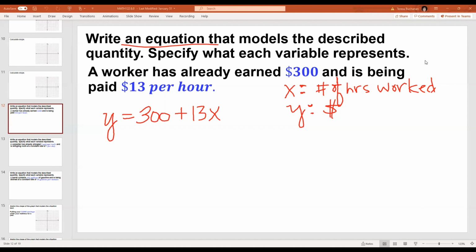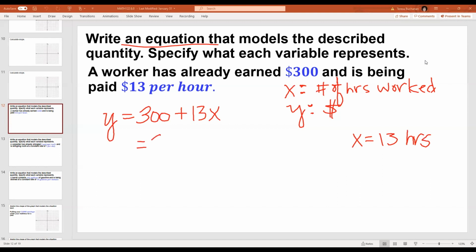And if I write that, then if you gave me a number of hours, I could give you the total, right? If you said, well, okay, I'm going to see if I can stump you. He worked 13 hours. What would you do with that? Well, you put the 13 in, right?